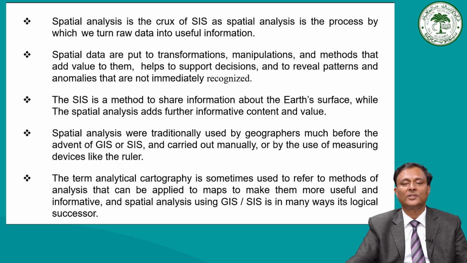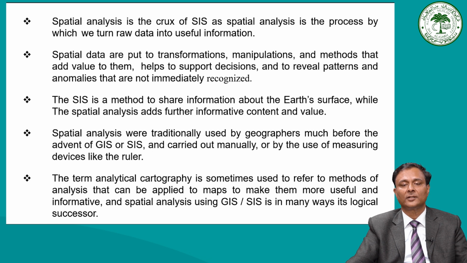Spatial information science shares information about the realities of Earth's surface, while spatial analysis adds further informative content and value to them. This can be done by adding attribute information to the spatial information.